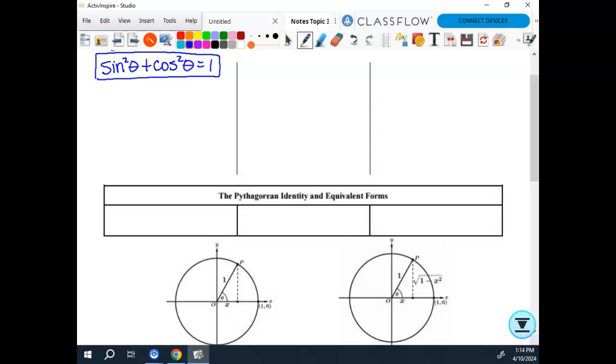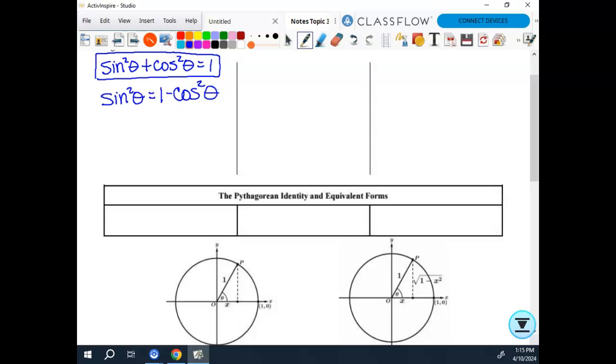But not only is this true, we can also rearrange it, and it's not going to give us a different identity. Just how we substituted something in for tangent just a minute ago, if I needed to substitute something in for sine squared, I know from this that I can say sine squared theta equals 1 minus cosine squared theta.